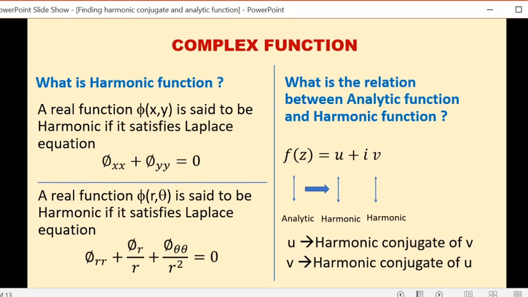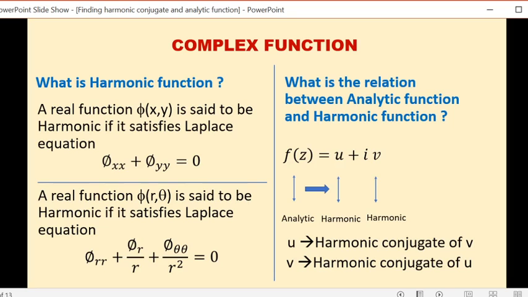Utkarsha, you can answer. What does it mean that v is harmonic? No, it satisfies CR equations. No, v is also a real part.